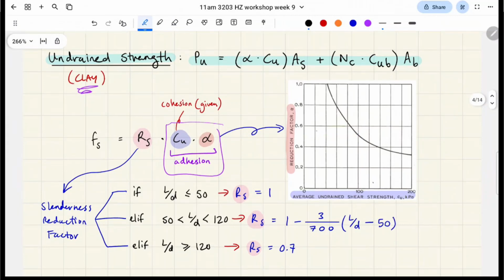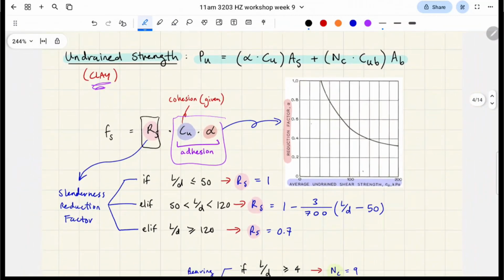Okay, I want to talk about one more thing, and this is RS. RS is a slenderness reduction factor. I'm going to draw something on the board quickly. You have various classifications of piles in terms of their slenderness ratio, right? I'm going to use that word a few times today.